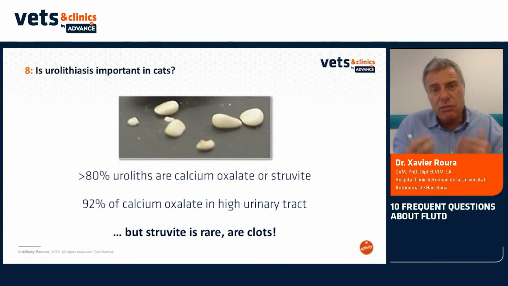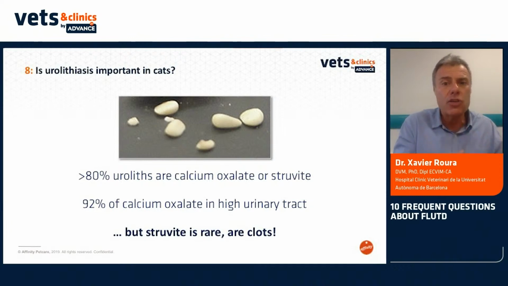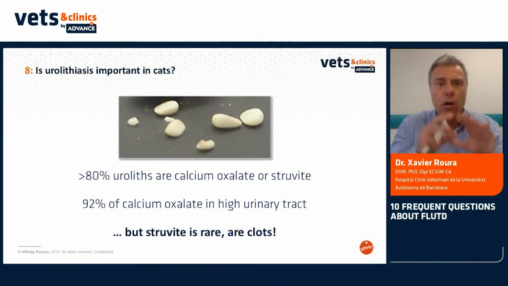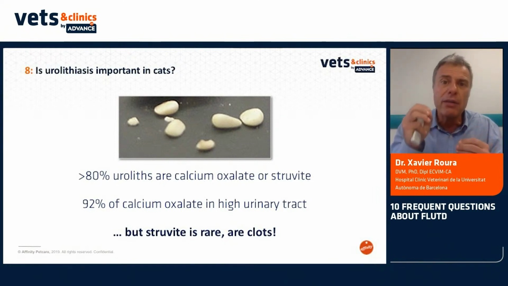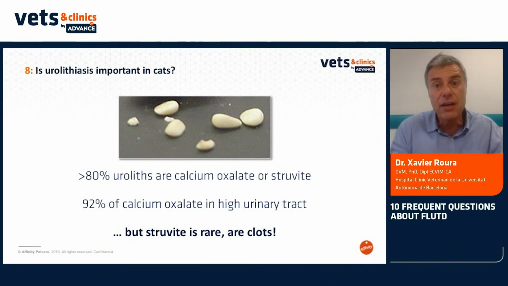Furthermore, it's clear that more than 80% of the uroliths in the cat are calcium oxalate or struvite. That means we can find these uroliths on a normal X-ray, because they produce opacity on the X-ray.